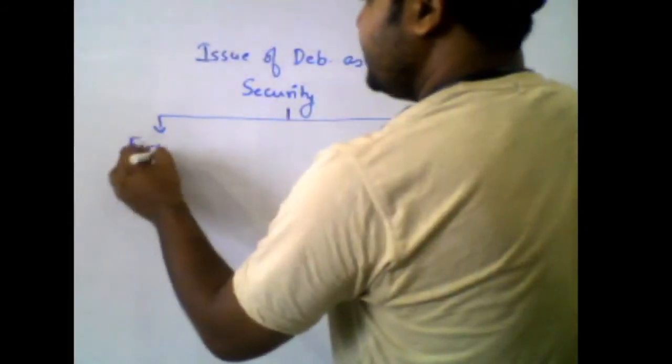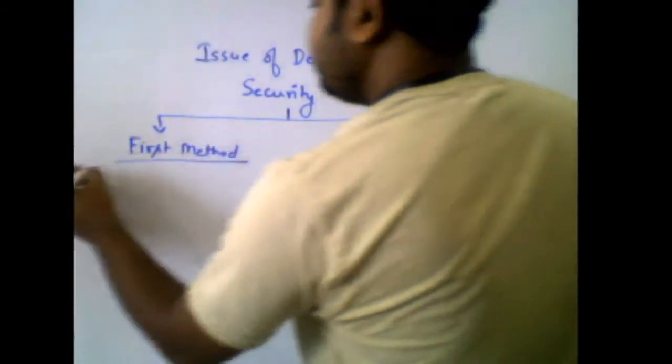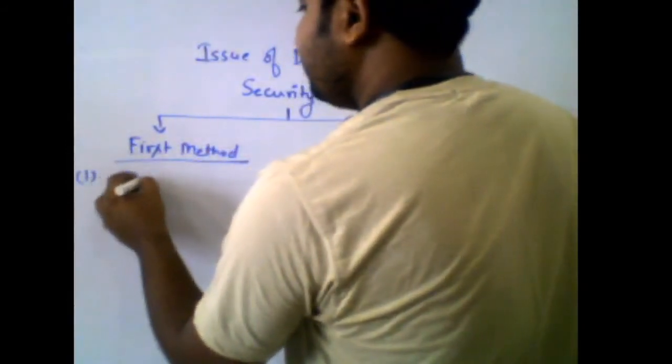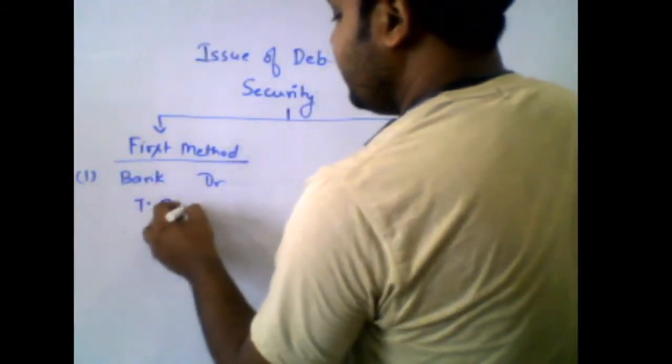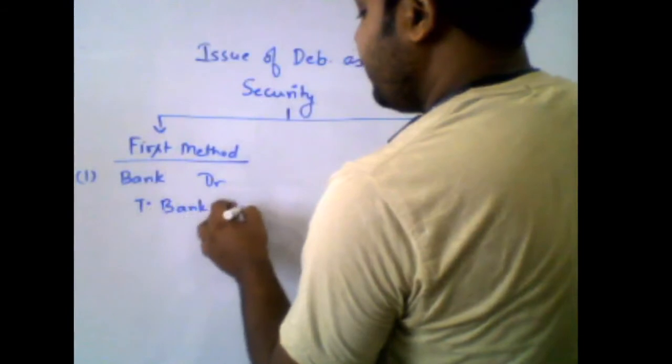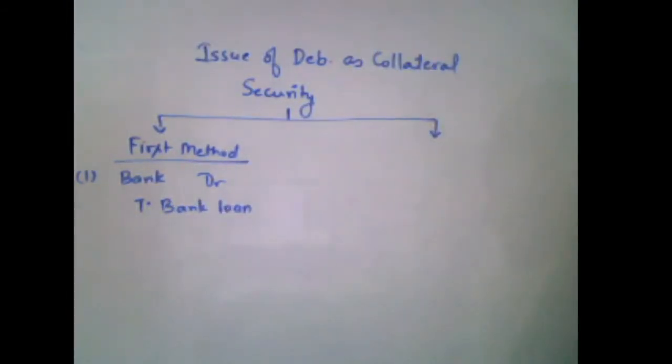In the first method, we pass the first entry, that is bank account debit, to bank loan. Okay, and the second entry will be passed in the books of account.